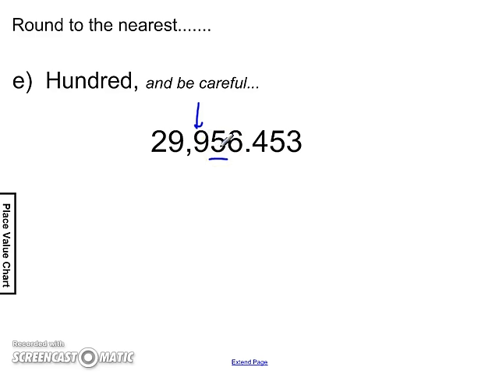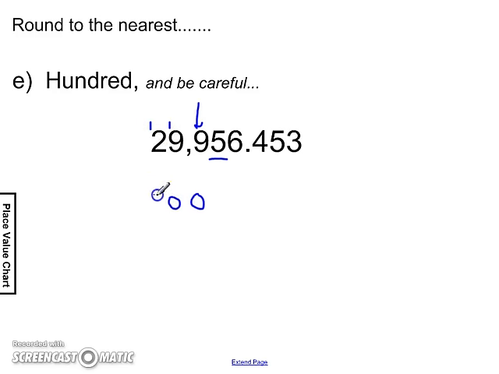Well, okay, we have to think our way through this. If I round 9 up 1, that means it becomes 10. Well, just like in addition, when I have 10, I have to carry a 1. That means that this 9 plus 1 becomes 10, and I carry a 1.